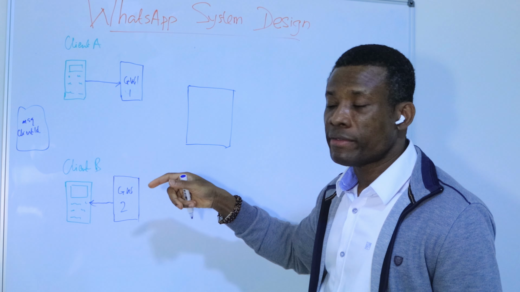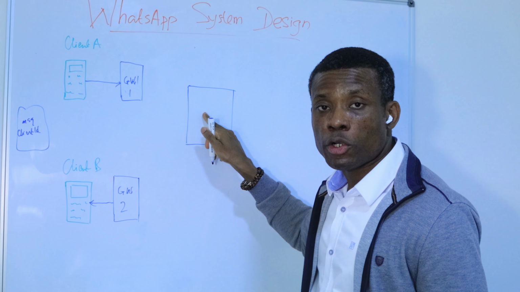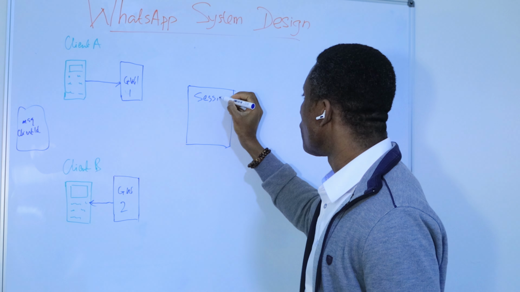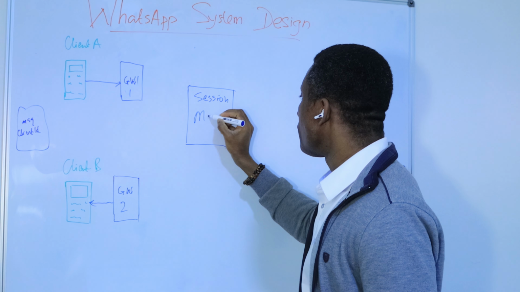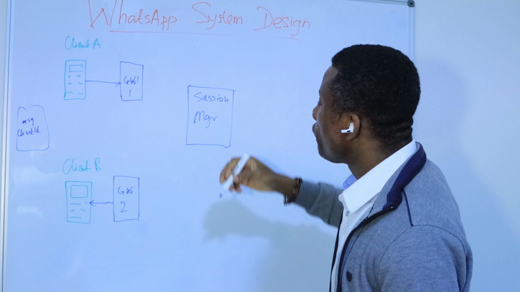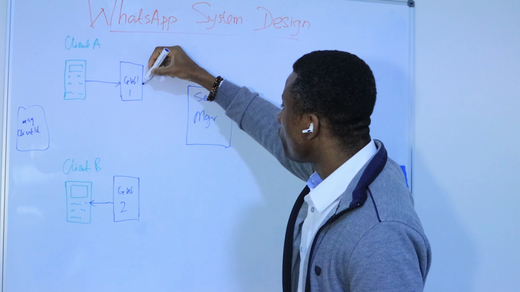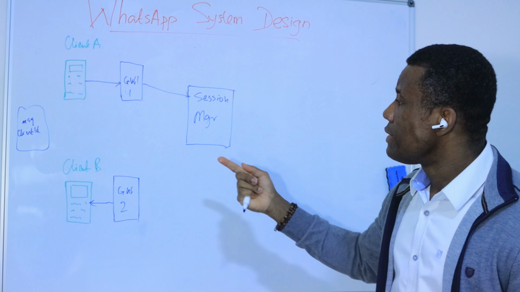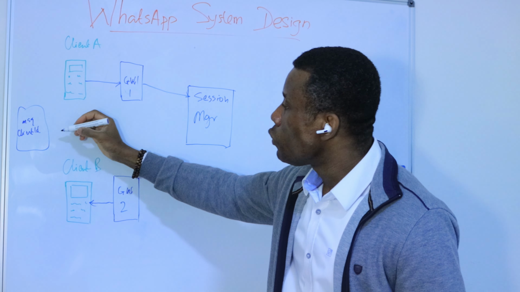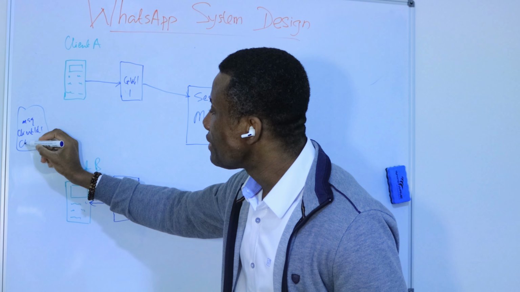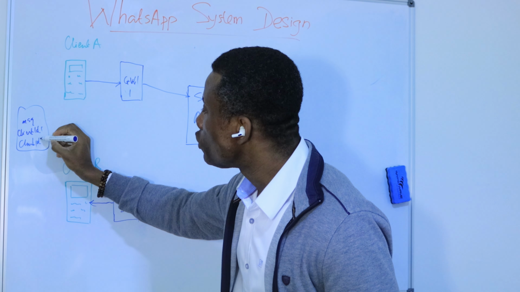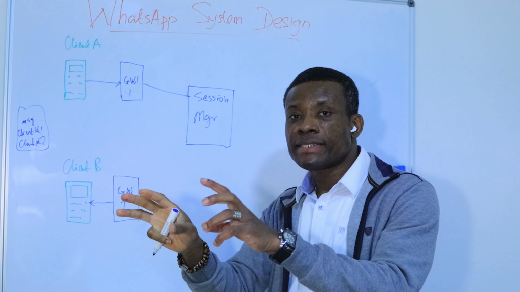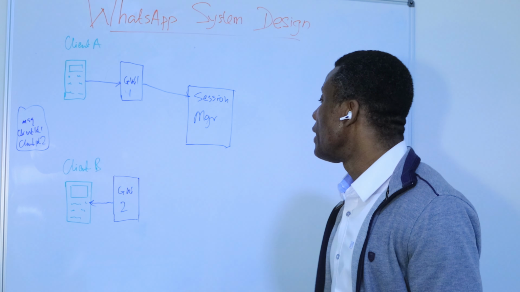Everything here is the message server, but in this case, this particular component is the session manager. So it's going to forward this message all the way to the session manager, with client ID 1 and client ID 2. So this message contains who is sending this message and who is receiving this message.